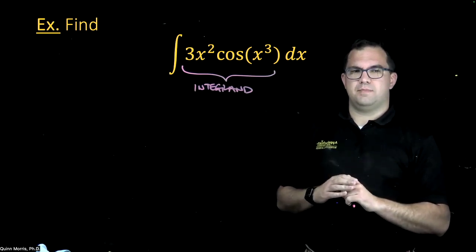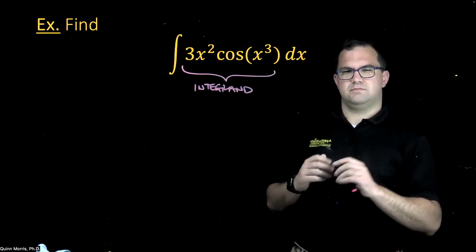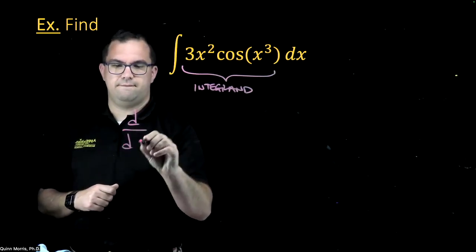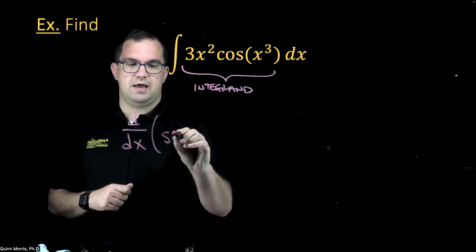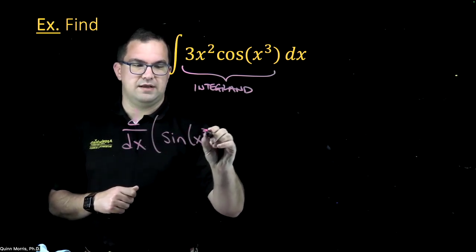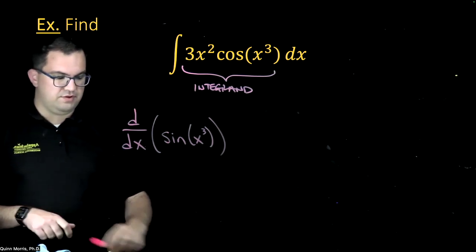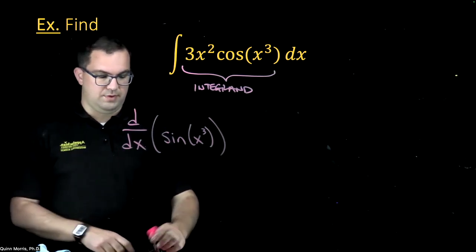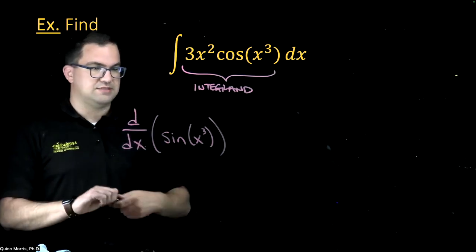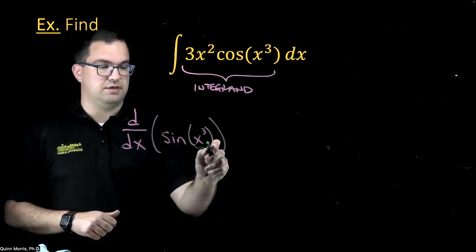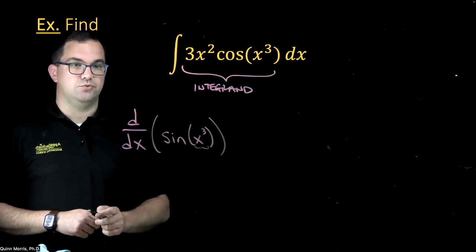So if I look at that for a minute, I might play around with it, and I might wonder, okay, well, what is the derivative of sine of x cubed? To find the derivative of sine of x cubed, I need to apply the chain rule because I have a composition of functions. So I have sine of something, and that something here is x cubed.